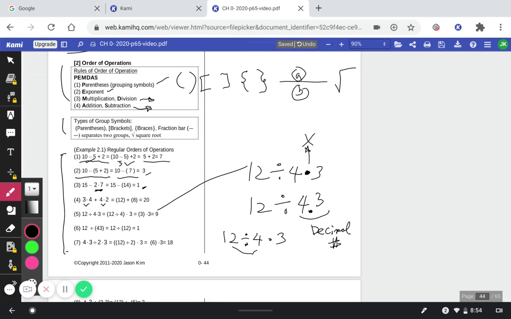When you have operations of the same level only, you go first come first: left side first, then right side operation second. So 12 divided by 4 is 3. Now you multiply 3 times 3, so you end up with 9. Many students make a mistake on this, so I want you to be very careful.